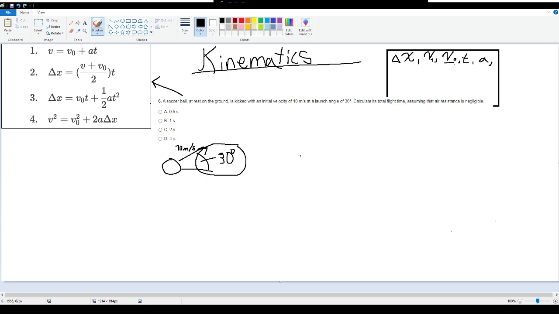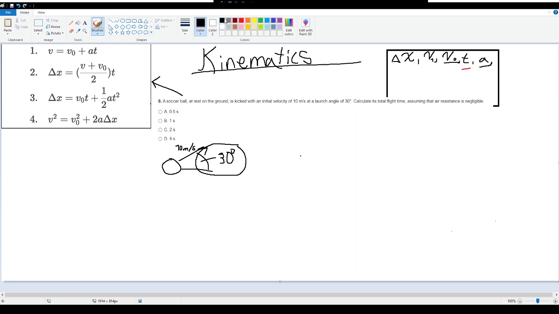So we have v0, and we know acceleration because gravity, but that's really all that we're given. And then we're meant to solve for t. You'll notice there isn't an equation that only has these 3 variables. So what do we do? How do we solve this type of problem?